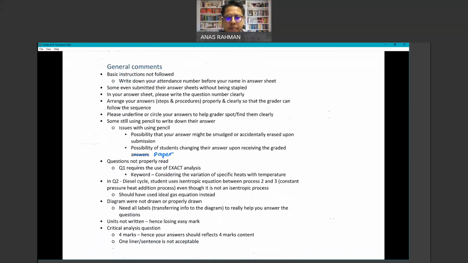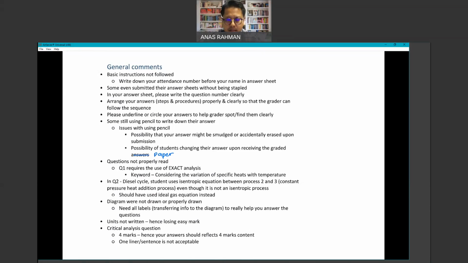Upon grading the test, I noticed there are several things that need to be improved in order for students to better answer or better understand the materials learned in the class, and basically to better prepare for the final exam. And I do hope that this discussion will provide some insights on what is to be expected for your final examination soon.